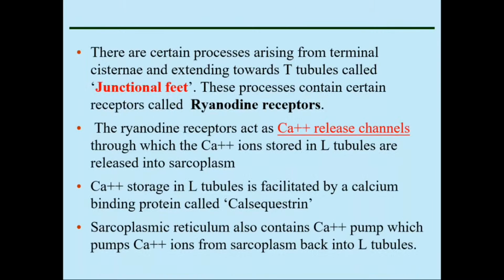There are certain processes arising from the terminal cisternae and extending towards T tubules. They are called as junctional feet. These processes contain certain receptors called Ryanodine receptors. So these are the molecules with which the substance ryanodine combines, therefore they are called as Ryanodine receptors.